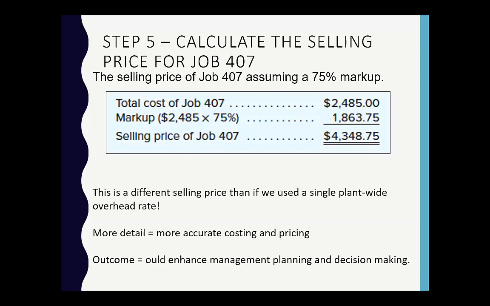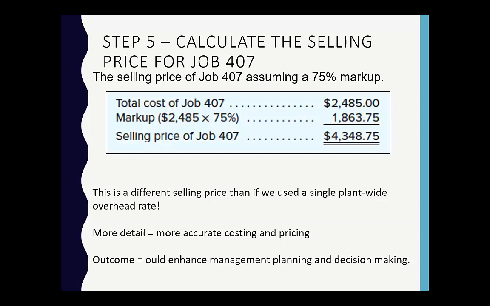So what does this all mean? If we had used a single plant-wide overhead rate, which is what we learned to begin with, where we were using either direct labor hours or machine hours, we would have come up with a different cost. So if we have a little more detail, what I wrote down here is, more is not always better, but in a case like this, more detail is probably going to result in more accurate costing, and in this case, because of the way they mark up, more accurate prices.